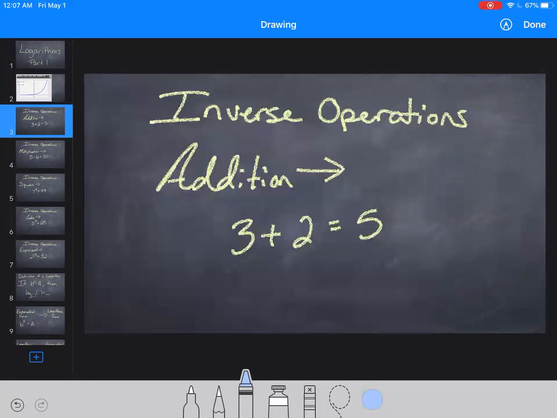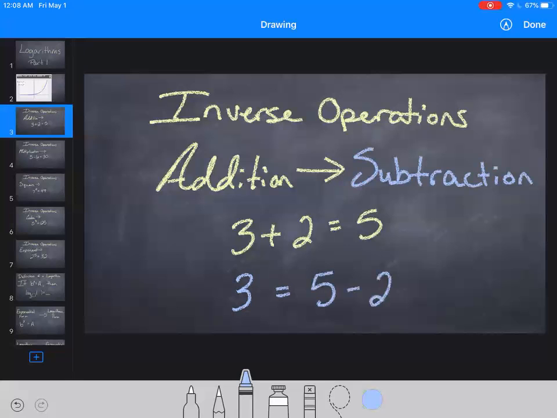We know the opposite of addition is subtraction. Because I have 3 plus 2 is equal to 5. Well, I could also rewrite this and say 3 is equal to 5 minus 2, because addition and subtraction are inverse operations.